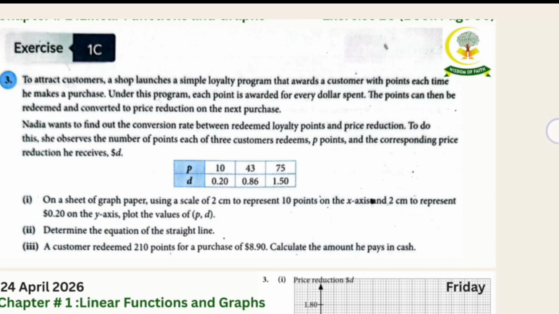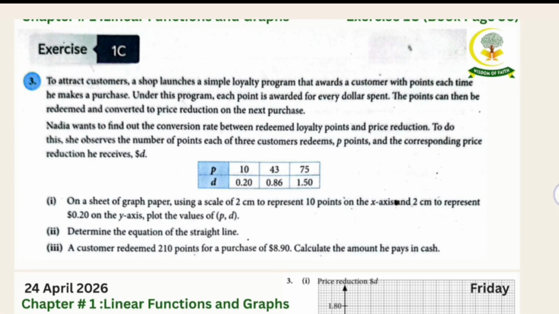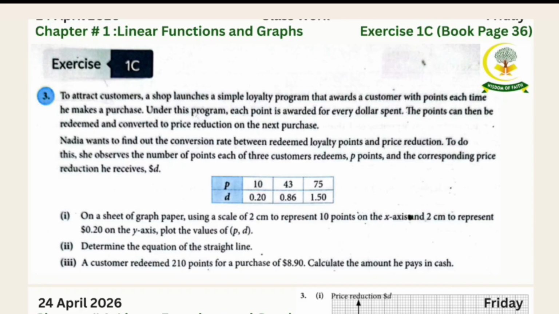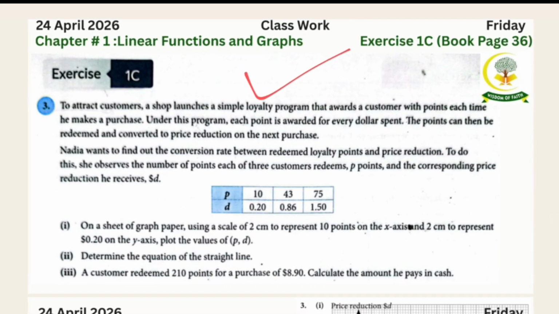Amazing. Now, second last question, exercise 1C. To attract customers, a shop launches a simple loyalty program that awards a customer points each time he makes a purchase. Under this program, one point is awarded for every dollar spent. And the points can be used, yeah.